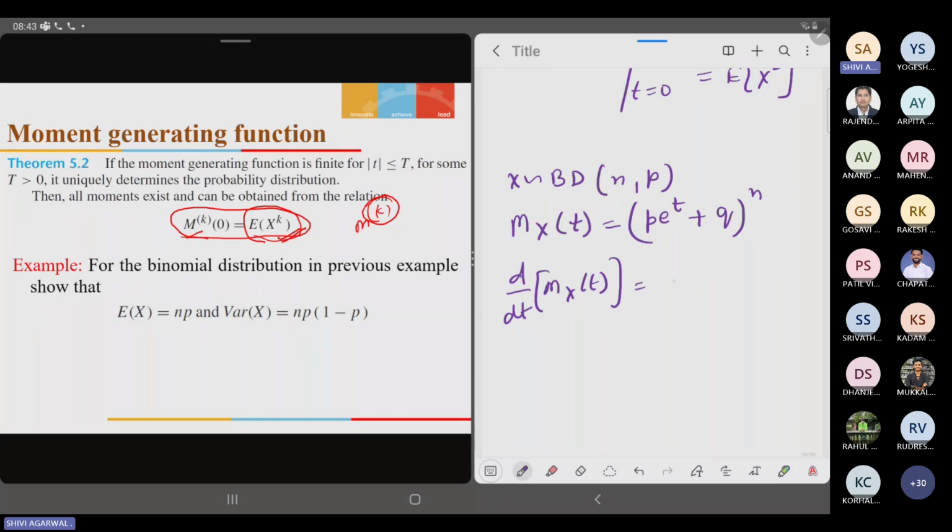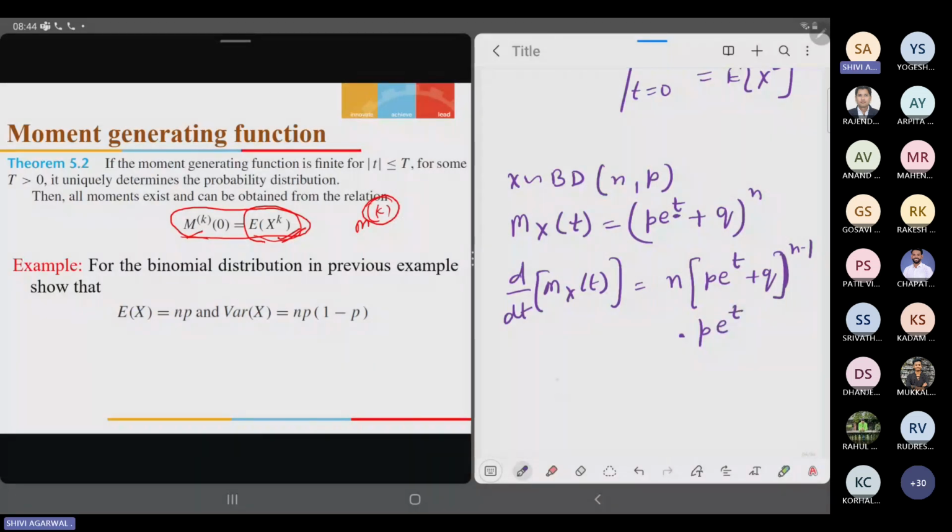It becomes n (p e to the power t plus q) to the power n minus 1 into p e to the power t, since we differentiate with respect to t.